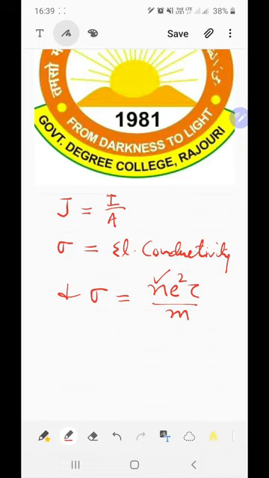This is the electronic charge. This tau is the relaxation time of the electron, and this m is the mass of the electron. I'll be using this particular formula. One more thing which I will use is E, which is the electric field intensity inside the conductor. Okay, now let's begin the proof of it.